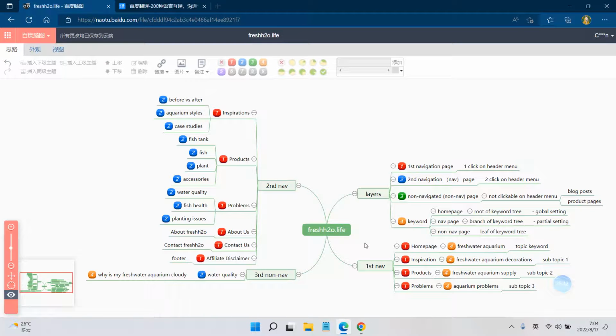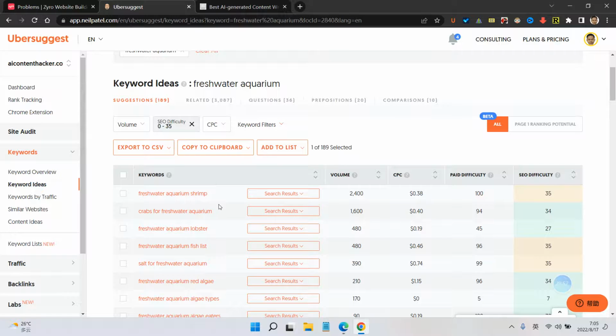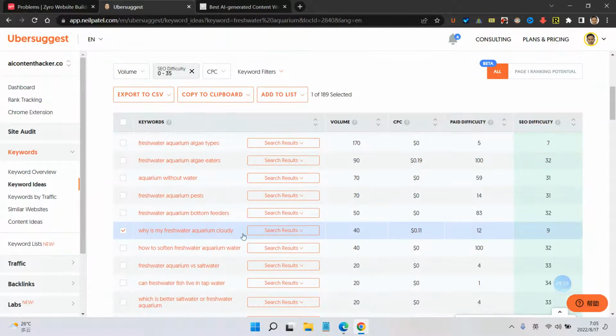And when people are building something like this, you can see this is a very easy keyword to learn. Here we can see, like cloudy, 40 searches per month, and the SEO difficulty is only 9. And then let's see the search results.